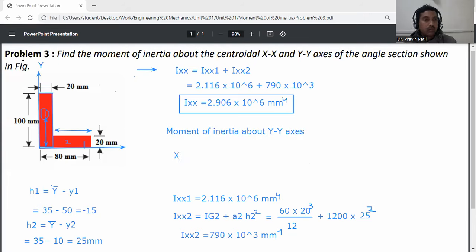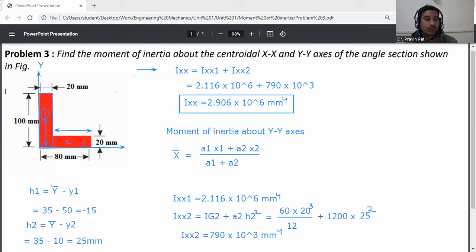X bar is equal to a1 x1 plus a2 x2, divided by a1 plus a2.